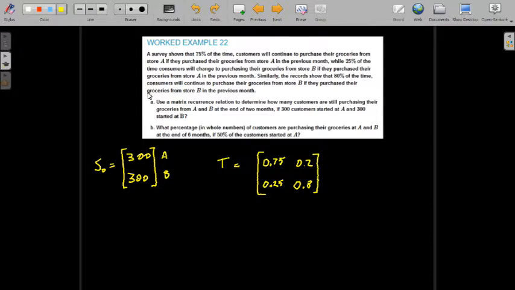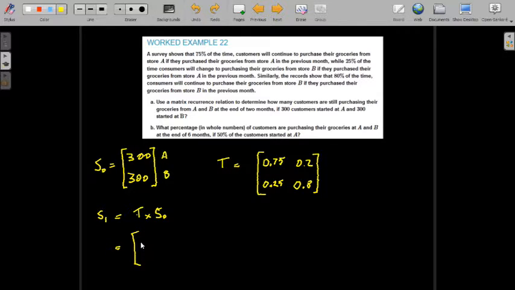And the question is, we need to work out the matrix recurrence relation to determine how many customers are still purchasing at the end of 2 months. So at the moment, we've got S0, meaning the starting point. At the end of the first month, we're going to have S1. And S1 is determined by our transition times the previous month, which is S0.